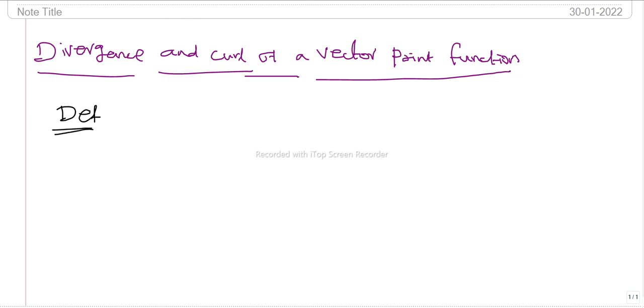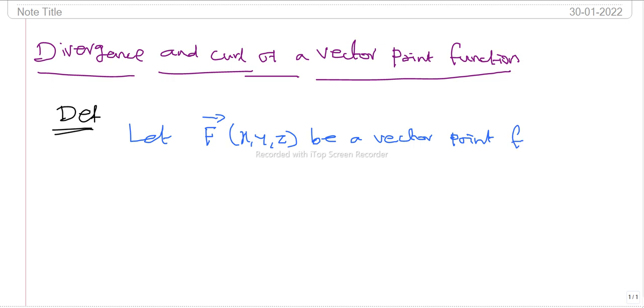Suppose you have a vector point function called f. So let f vector at a point x, y, z be a vector point function. It is differentiable. Okay, the function should be differentiable.